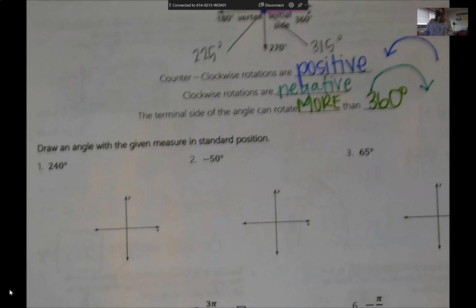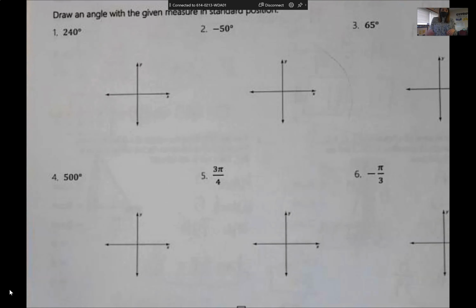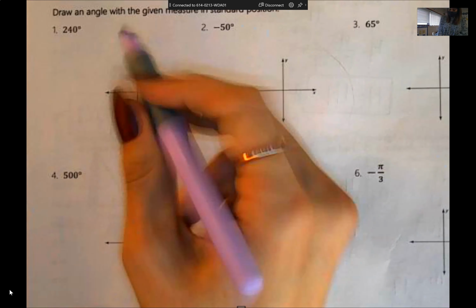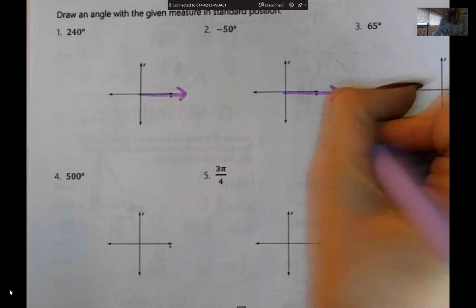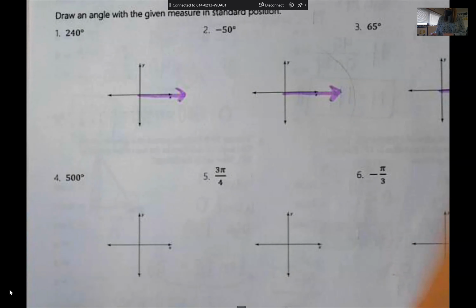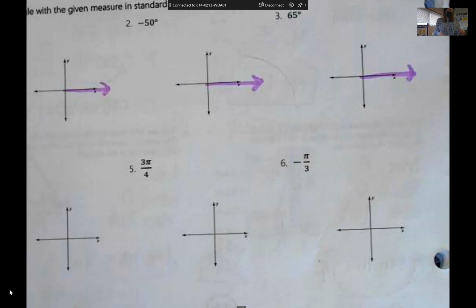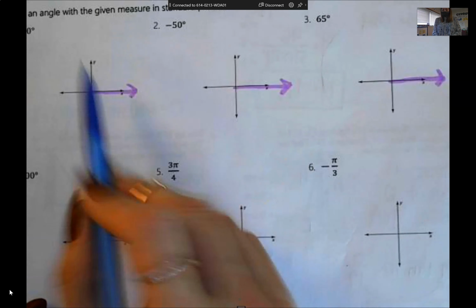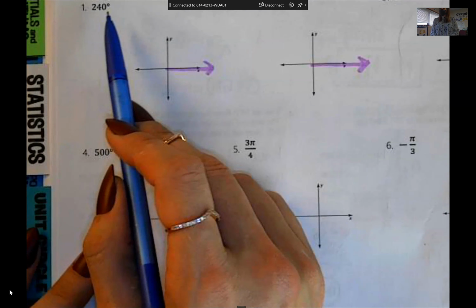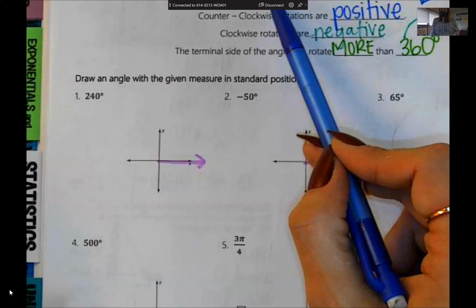Okay, so for all of these, it says our angle is in standard position, which means that one leg is always this part of the graph. This is our initial side. So we need an angle that's positive 240. So I'm going to sneak back up to this guy and see my situation.